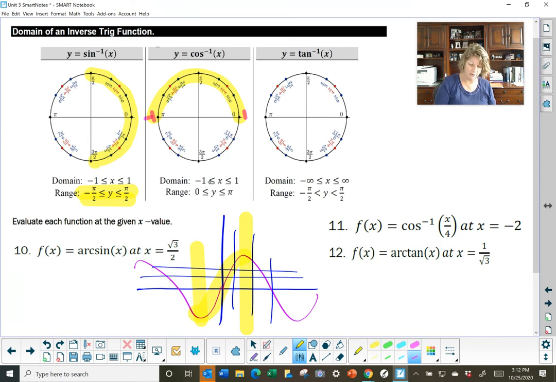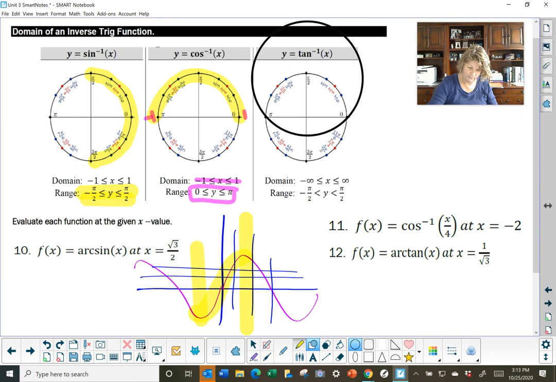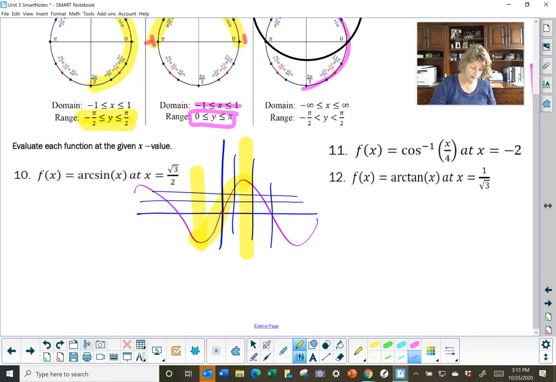And so we capture all those values, and it's over this restricted range. And finally, tangent, it too is like sine. It goes from there to there. So highlight that. So tan inverse and sine inverse have the same restricted values. Cosine's the one that's different.